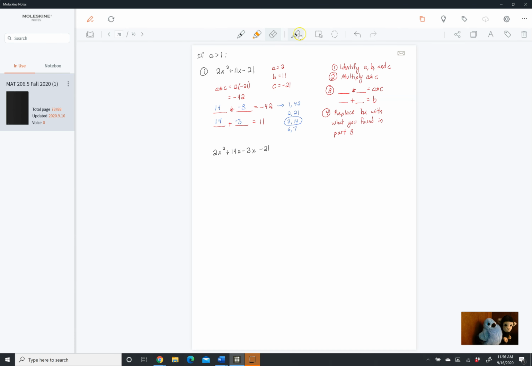Okay, so you see that we took this 11x here, and we just switched it out with the 14x minus 3x. The order in which you do it doesn't matter. So if you had written negative 3x plus 14x, that would be absolutely fine. Okay, it'll look a little bit different, but in your last step, it will wind up looking the same.